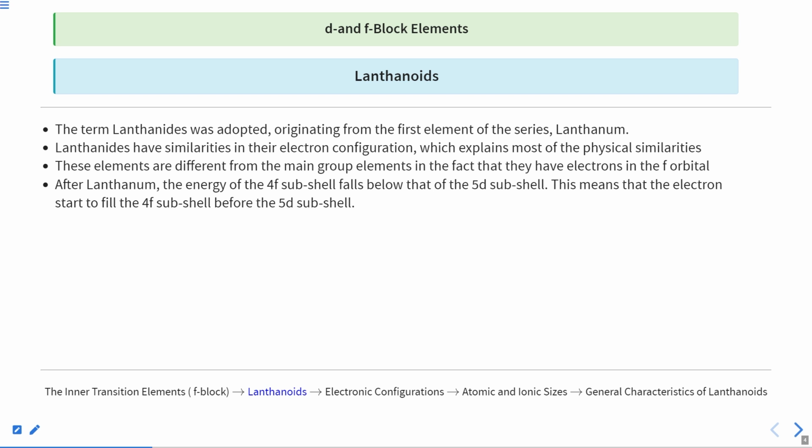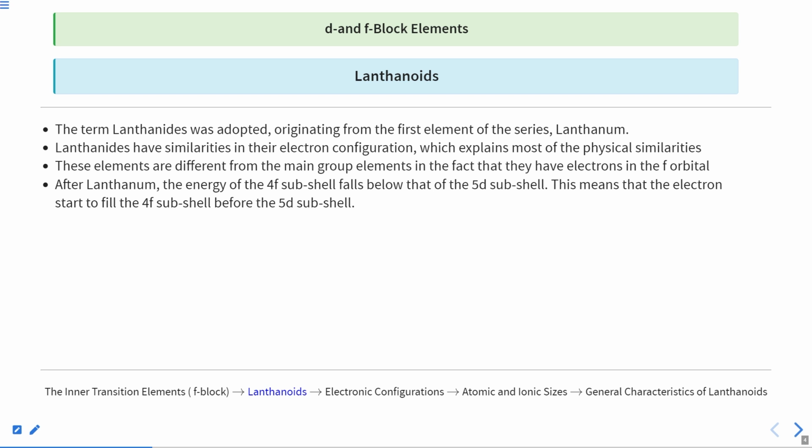After lanthanum, the energy of the 4f subshell falls below that of the 5d subshell. This means that electrons start to fill the 4f subshell before the 5d subshell. So before 5d we fill 4f. If you calculate the n plus l value of both: for s, p, d, f, the values of l are 0, 1, 2, 3.